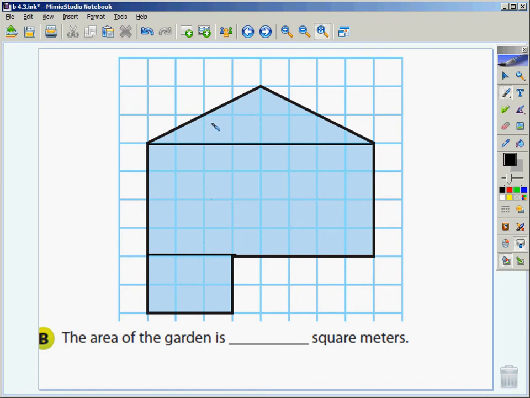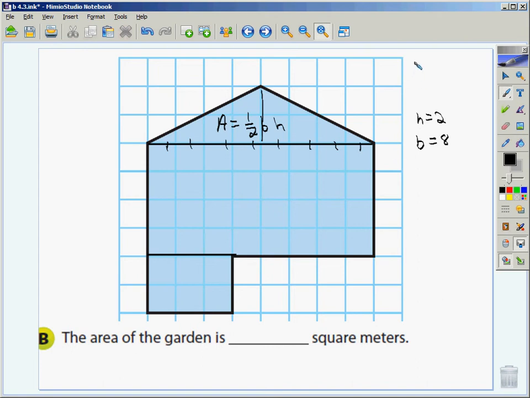What's the formula for the area of a triangle? Area equals 1/2 BH. What's the base of this triangle? 1, 2, 3, 4, 5, 6, 7, 8. The base is 8. What's the height of this triangle? Okay?